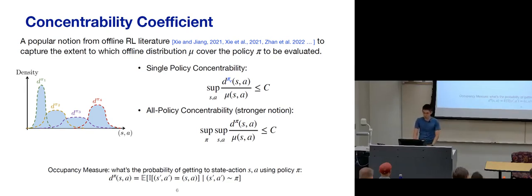The next is a stronger notion, which we call the all policy concentrability. In this notion, we require that this offline distribution mu covers all the possible policies. This is an upper bound for the coverage with respect to any possible policy.